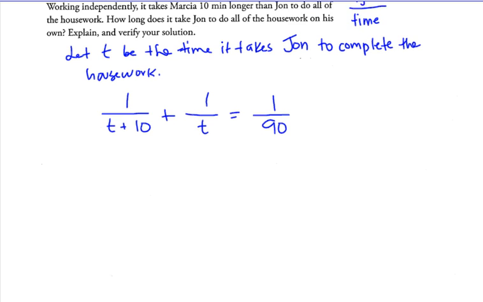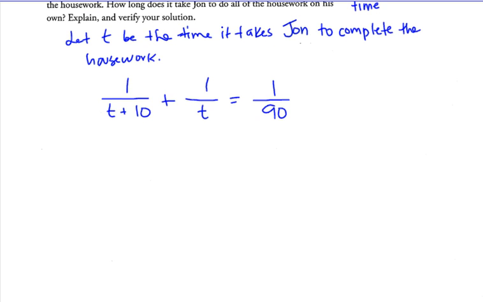What would we multiply everybody by? T times t plus 10 and 90. We need to represent each denominator.